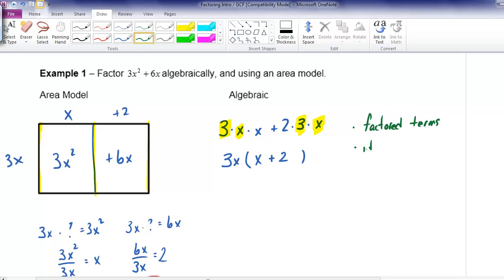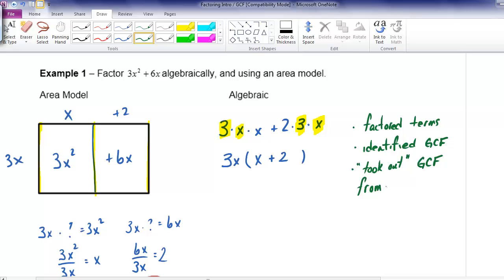We identified the GCF. We took out, and again, I'll put that in bunny ears because we didn't take it out. Take it out seems like a subtraction. It is actually a division.